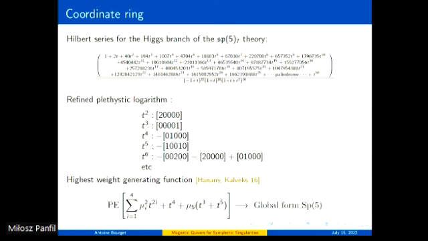And it's not a complete intersection, so it will go on forever, but you can extract this using the plethystic logarithm. And in particular, at order t squared, you see here the adjoint representation of SP5, which tells you that indeed the symmetry is SP5. And if you want to know what is the global form of that symmetry, you can also look at which representations appear. And you can do this generically using what's called the highest weight generating function. And it tells you that the symmetry is really SP5 and not a quotient of SP5, for instance.